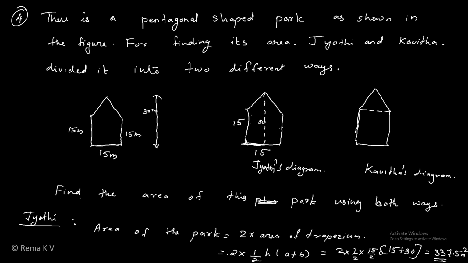Right. Now the next one is, this is how Jyoti calculated the area. Now we have to find how Kavita calculated the area.